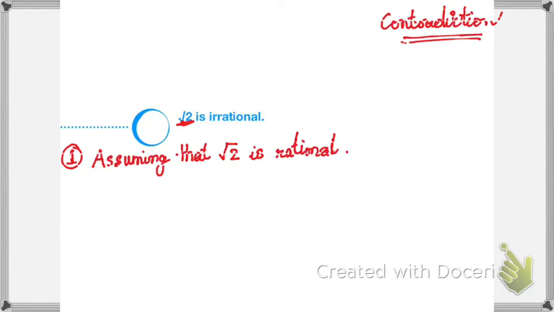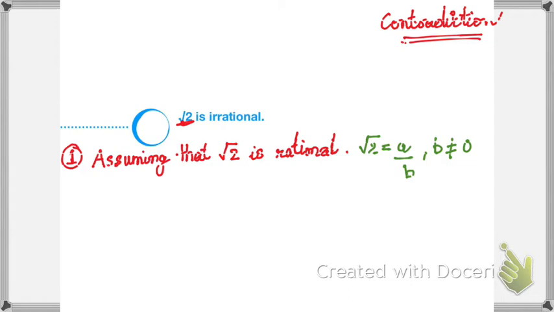If root 2 is rational, then it can be easily represented in the form of p by q or a by b, anything that you consider. So we assume that root 2 can be written as a by b, where b cannot be equal to 0.